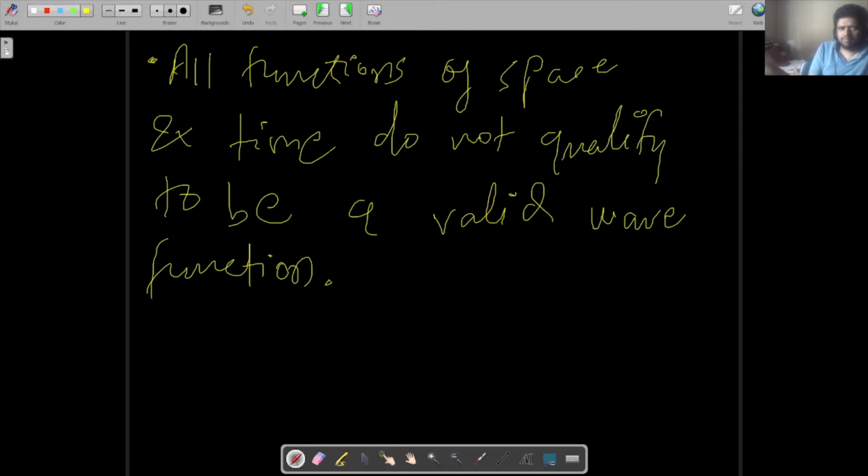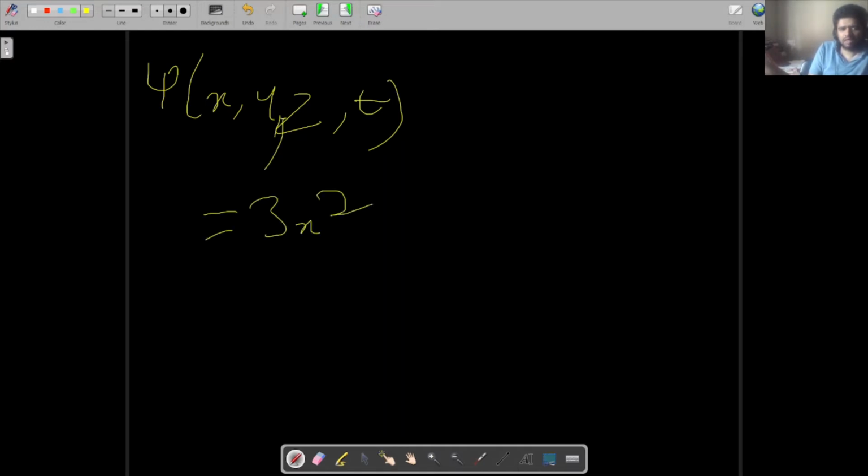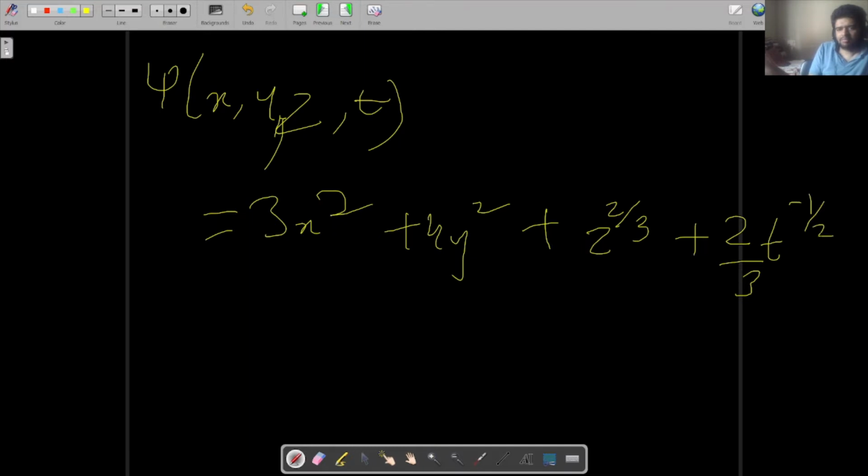Okay, see, there might be infinite functions of space and time. Suppose, let me take a hypothetical function like this: 3x square plus 4y square plus z to the power 2 by 3 plus 2 by 3 t to the power minus half. Suppose this is my wave function, hypothetically. So there are infinite number of such functions, right?